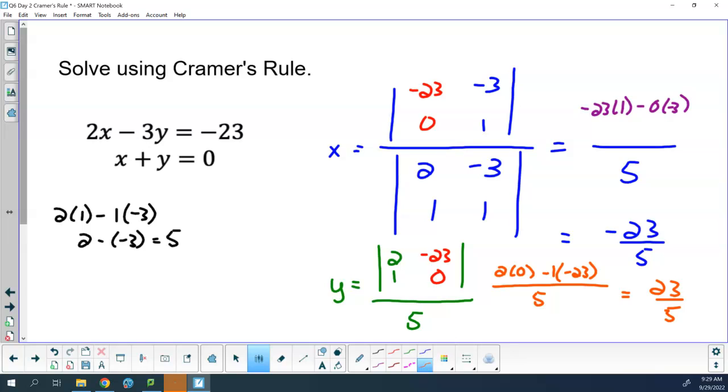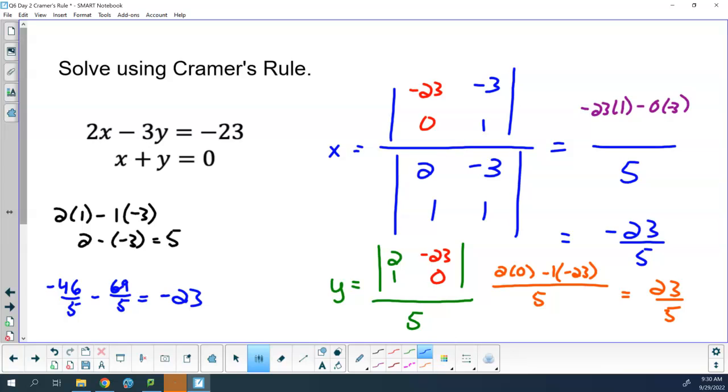I'm going 2 times negative 23 is negative 46 fifths. Minus 3 times 23 is minus 69 fifths. And that's got to be negative 23. And so that's going to be negative 115 fifths, which is negative 23.